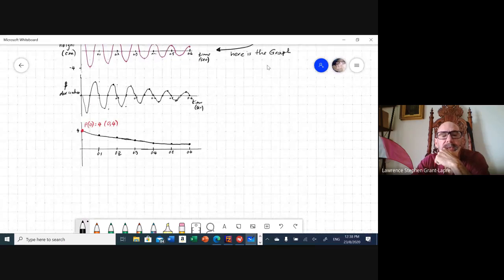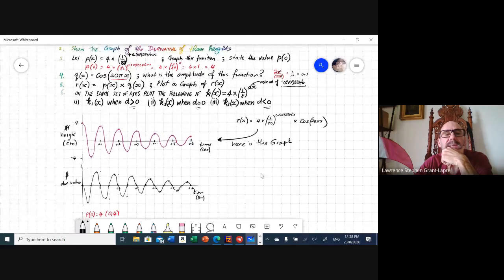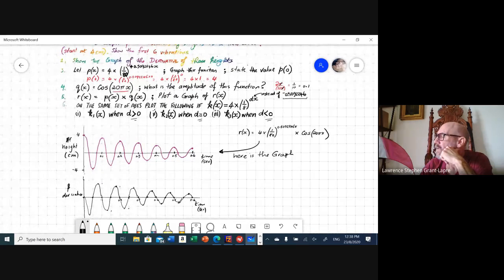This graph here is like k3 of x, where d is less than 0. If you remember correctly, that graph was 4 times 1 over 80. Just got to change that to an 80. Sorry about that.